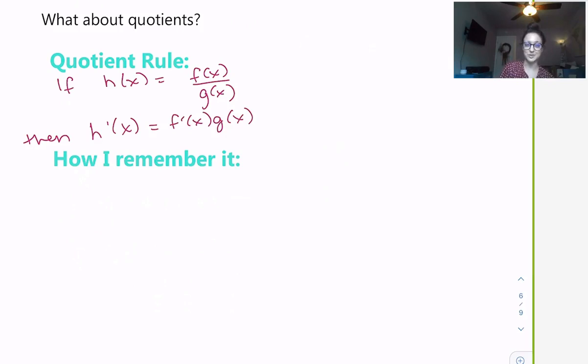In this case, first is numerator, second is denominator. But now instead of a plus, what do you think I have? I have minus, and then reverse, hold the first, derive the second, and then here's kind of the funky part. It's all over the original denominator squared. Okay, and we will prove this after we look at chain rule in a couple weeks.